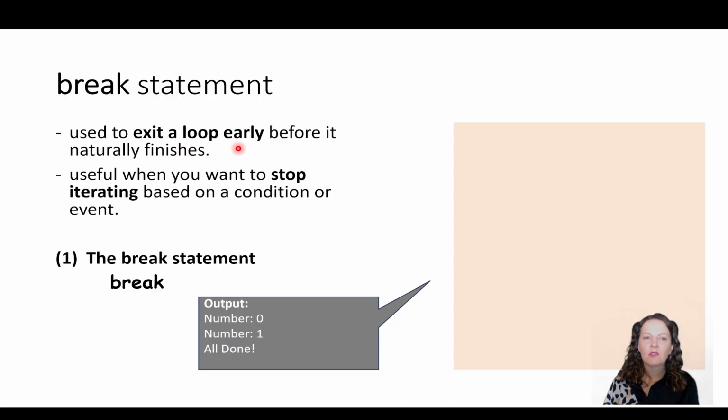If you want to exit a loop early, before it naturally finishes, you can use a break statement. You're saying leave the loop straight away. It terminates the control loop and passes control to the command outside of the loop, whatever is the next command to be executed. There may be a normal situation that could cause the loop to end, but there are also exceptional situations where it should end.